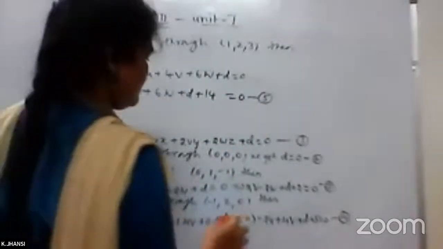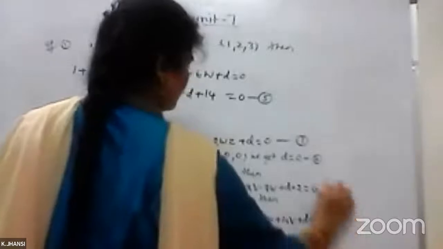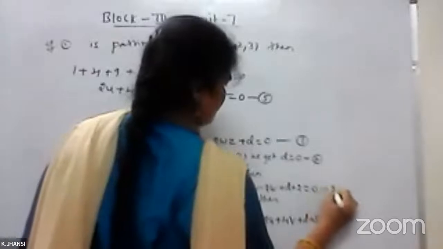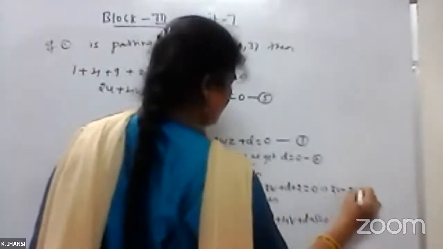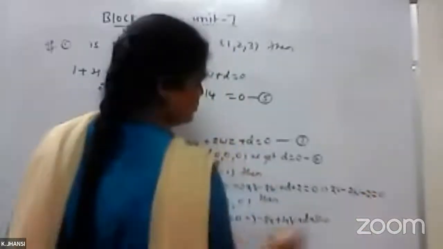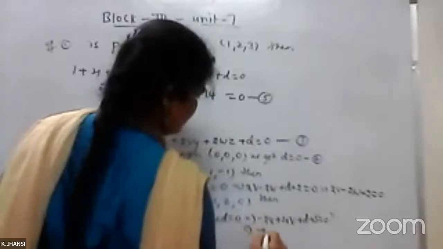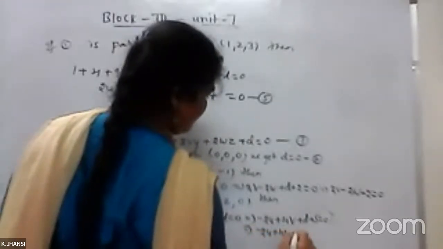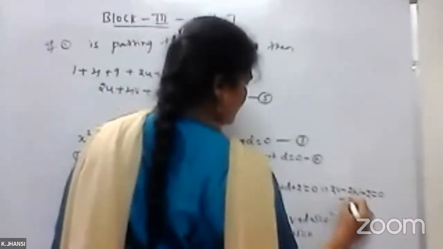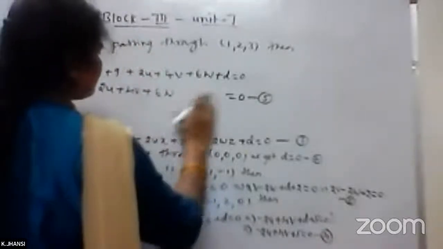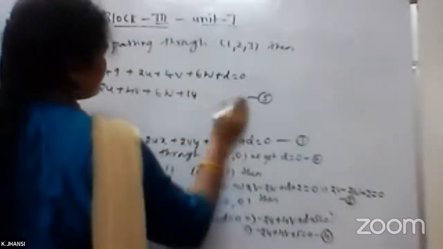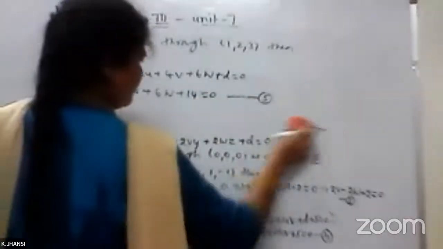Here you can write the second equation, 2v minus 2w plus 2 equals to 0. This is -2u plus 4v plus 5 equals to 0, the third equation. And the fifth equation is 2u plus 4v plus 6w plus 14 equals to 0. Now solve any two of these equations. If you solve, what do you get?